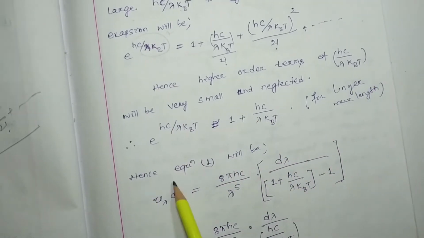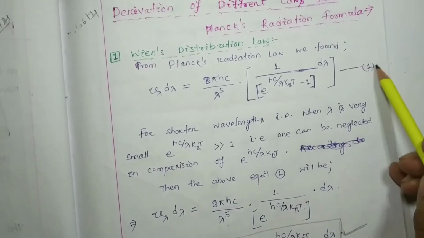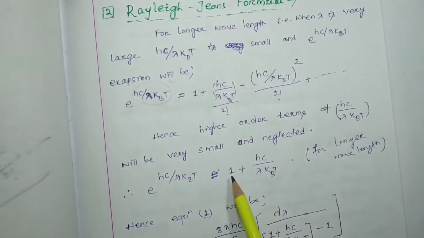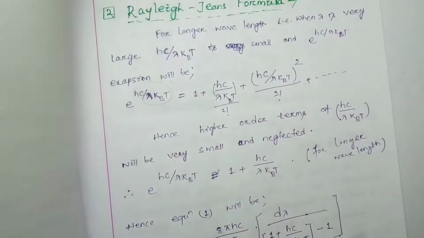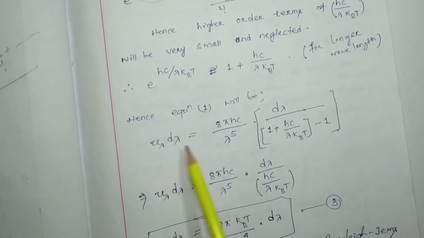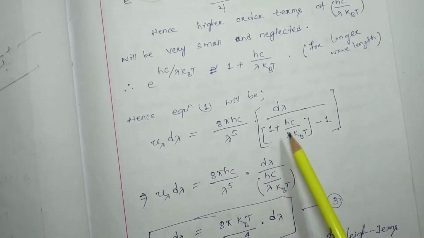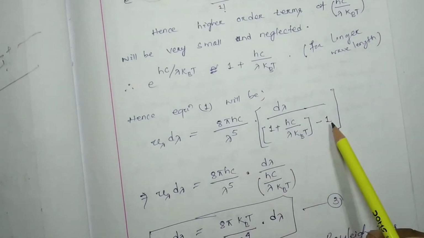Hence in equation number 1, instead of this one, we have to write how much? We have to write 1 plus sc by lambda kBT. So equation number 1 becomes u lambda d lambda equal to 8 pi sc by lambda to the power 5 into d lambda by 1 plus sc by lambda kBT minus 1.